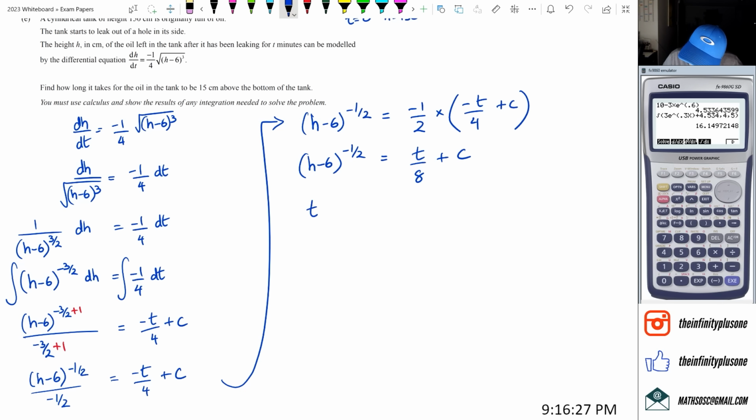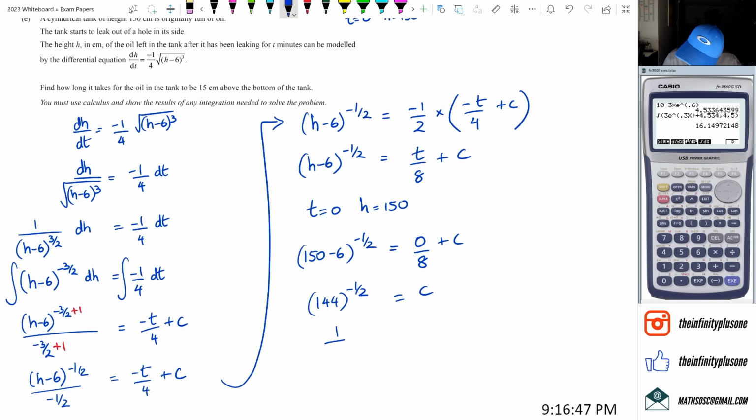And so here we've got t is equal to 0, h is equal to 150. So if I go 150 take away 6 to the power of -1/2 is equal to 0 over 8 plus c, what I end up with is c is 144 to the power of -1/2.